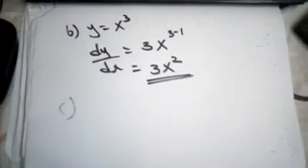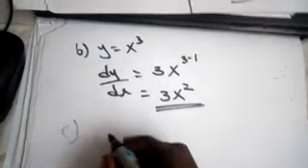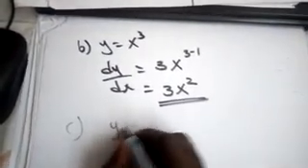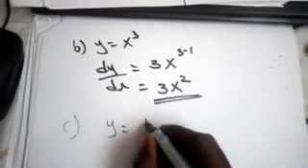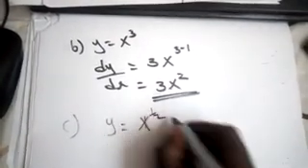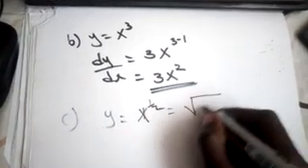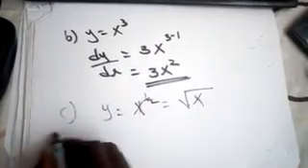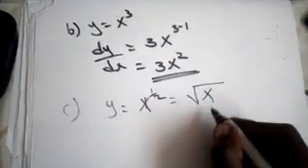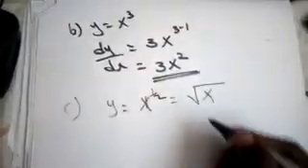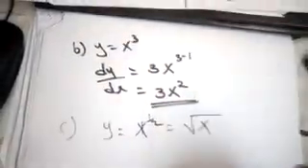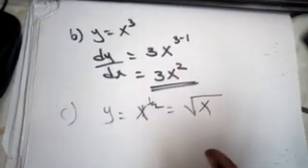So part c, we are having y as x power half. Don't get confused when it is root of x, it is like x power half. Root means a half as our power. Is it clear for everyone?